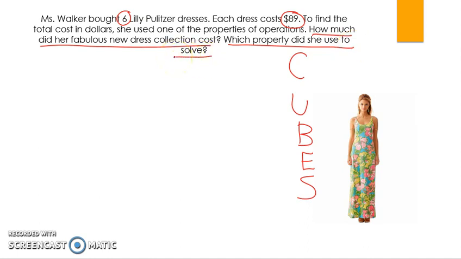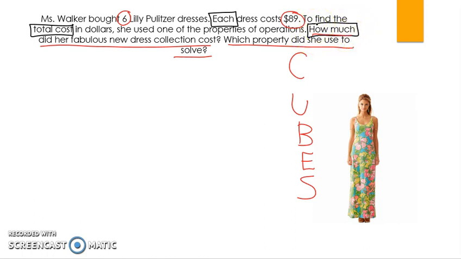Okay, next we want to box important words so we know which operation we're going to be using. Okay, in the second sentence here, each is one of our clue words. Each dress is $89. Next, we want to know the total cost. And then lastly, how much.